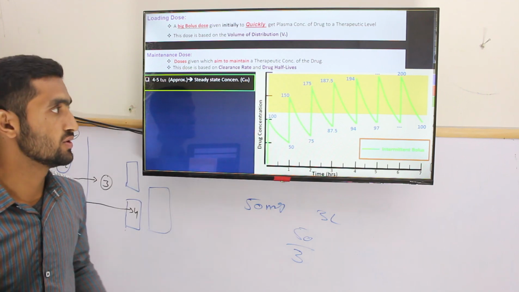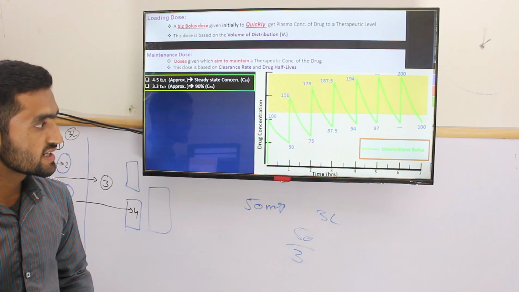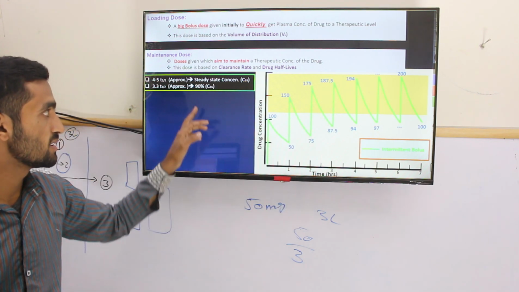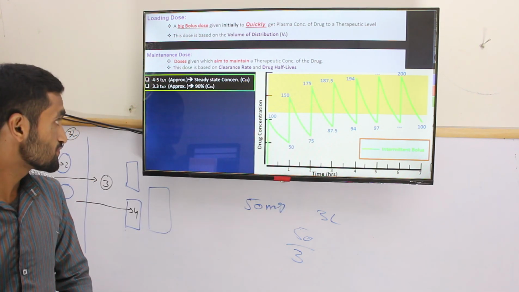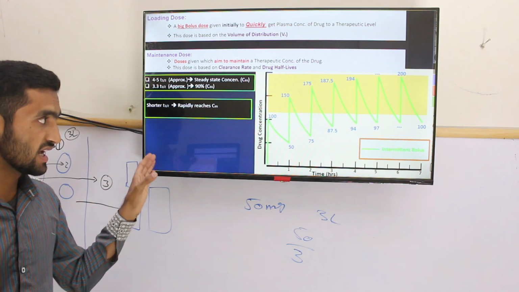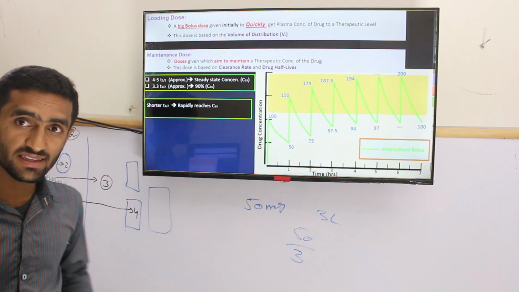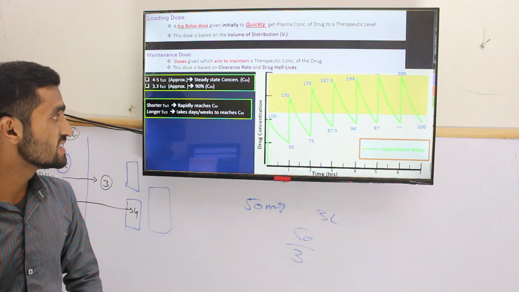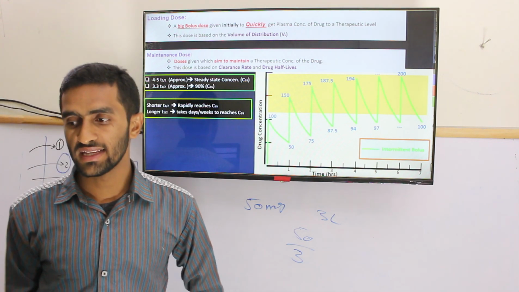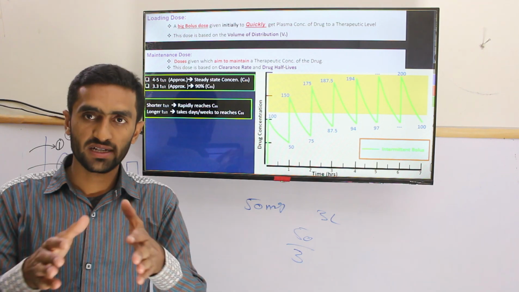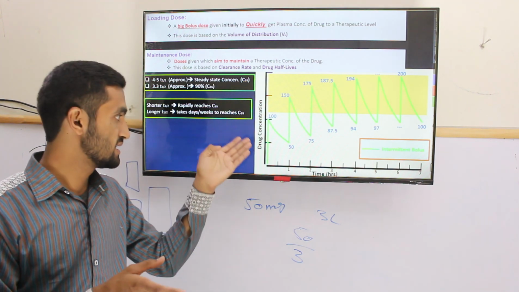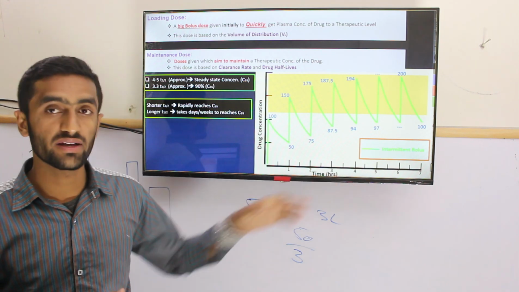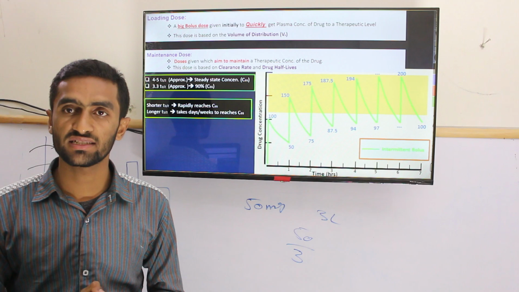So this process continues. After 3.3 half-lives, you will see the steady state concentration has reached more than 90%. If you have a shorter half-life, it rapidly reaches the steady state concentration. If it's a longer half-life, it takes days and weeks to reach the steady state. For example, if a drug has a half-life of 1 hour, we need 5 hours to maintain the steady state concentration.